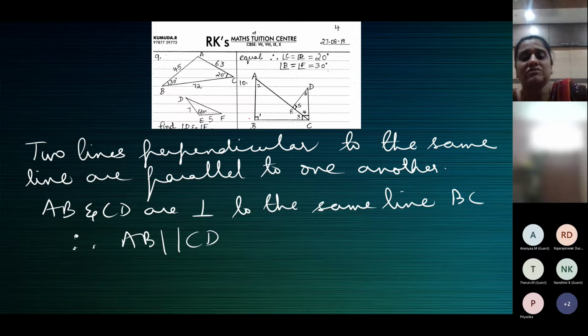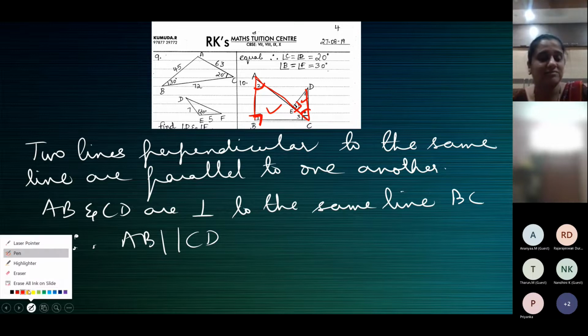Now that they are parallel, see here, parallel line, transversal, parallel line. Alternate angles are equal. Angle 2 is equal to angle 4. So angle 1 is equal to angle 5, 90 degrees in the two triangles.